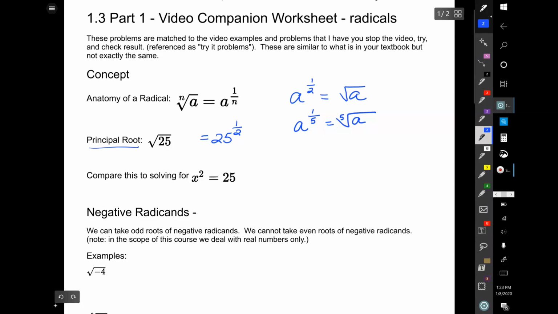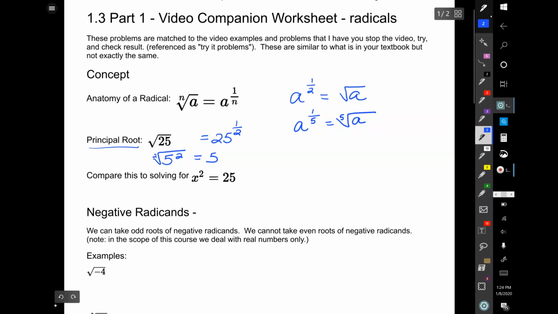So here, the square root of 25, I could write 25 as 5 squared. And then if I took and divided the index there of 2 into the power, I would just be left with 5. There's no way -5 is going to be an answer.